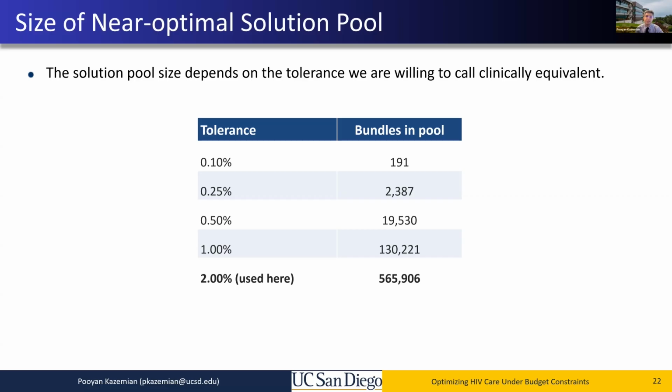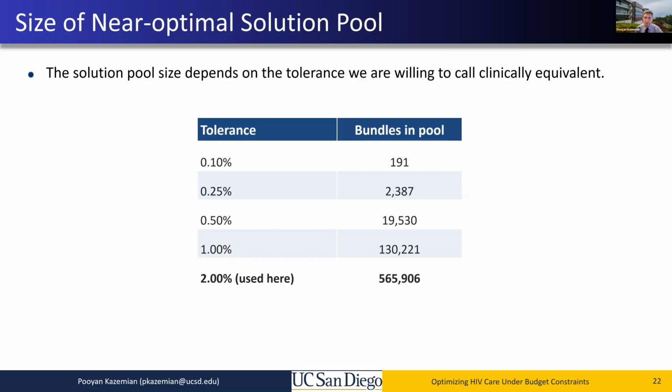So they are essentially clinically indistinguishable from the optimal. 2% is within the margin of error of the simulation itself, and therefore there is no clinically significant difference between the bundle that is actually optimal versus the one that is 1% or 2% away from the optimal.